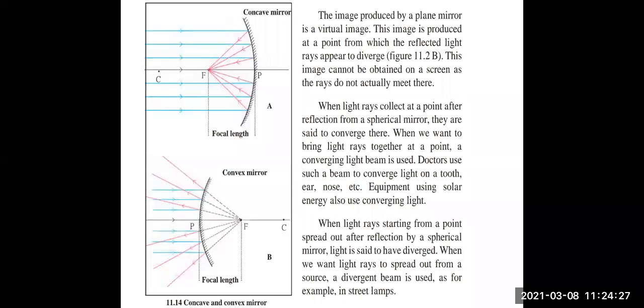No magic, no strategy, just follow these rules and get all your diagrams done. You can see 3 blue lines above the principal axis and 3 blue lines below the principal axis. All these lines are parallel to the principal axis, so the reflection of all these lines passes through the principal focus F.